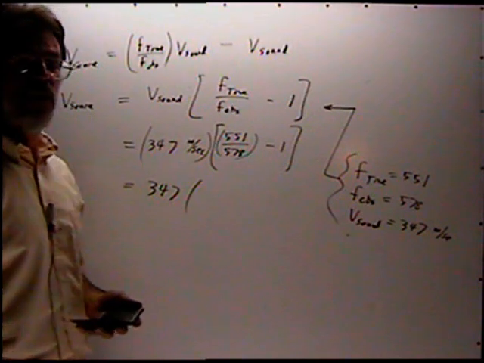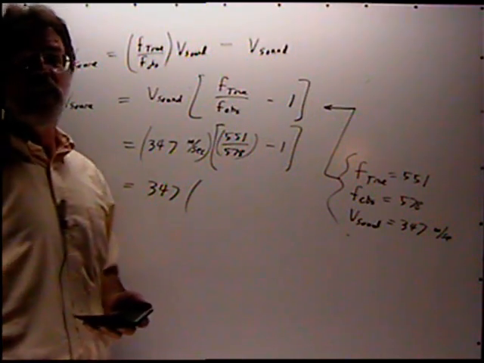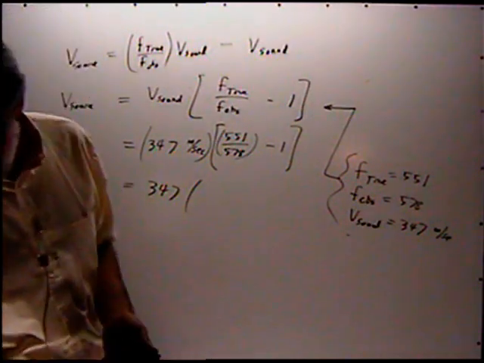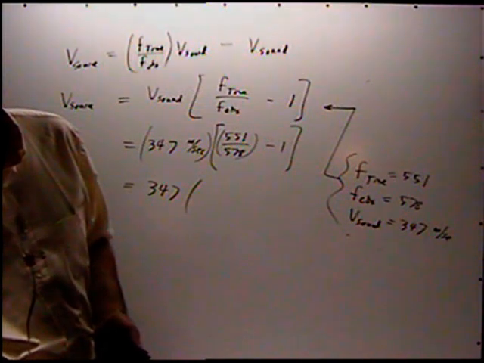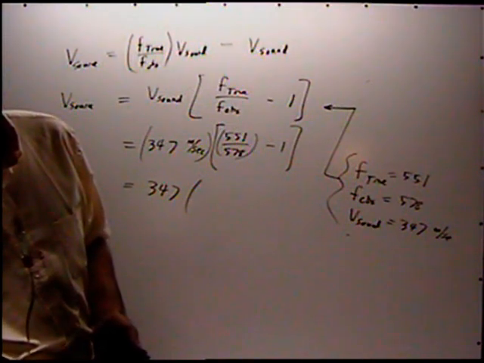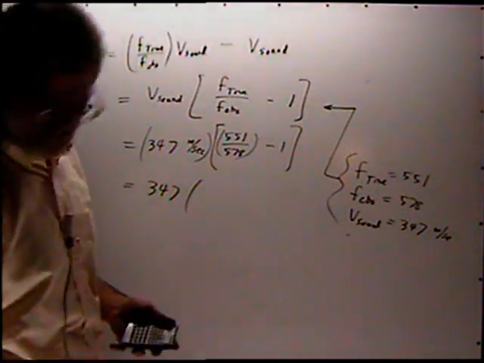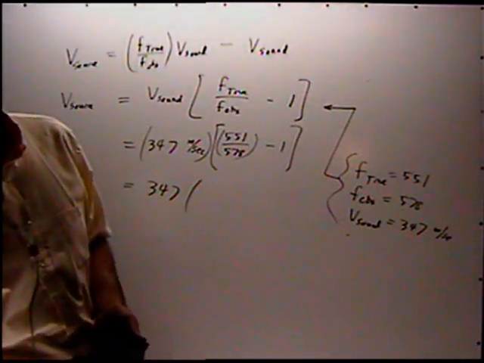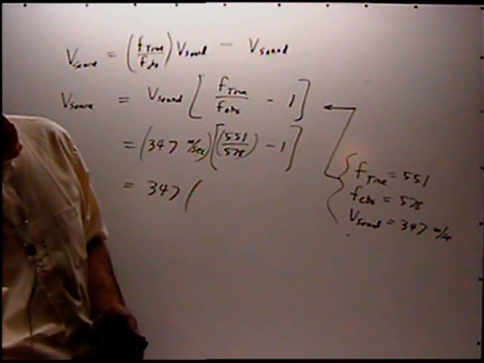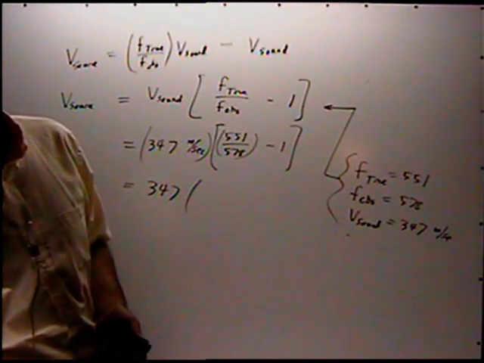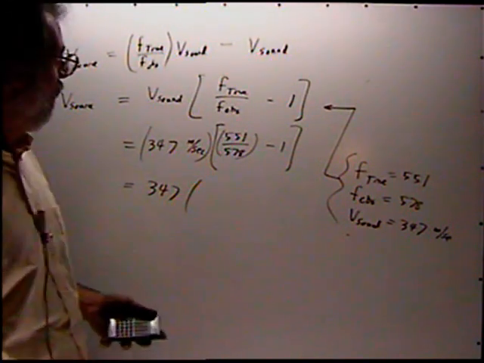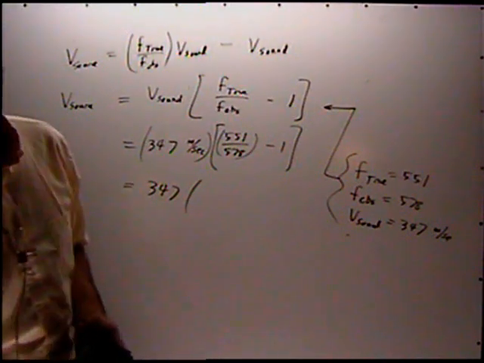Uh-oh. I may have made an error. I may have to redo this. Did I make an error in my algebra? I may have. Let's see. You hear the horn, observe 578.